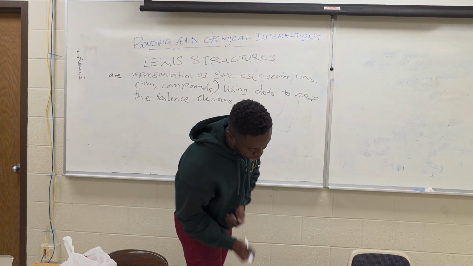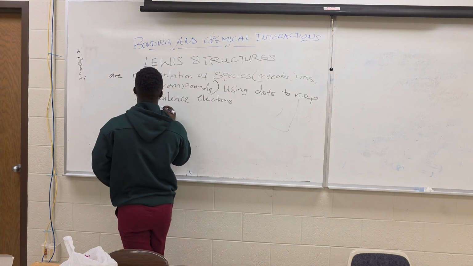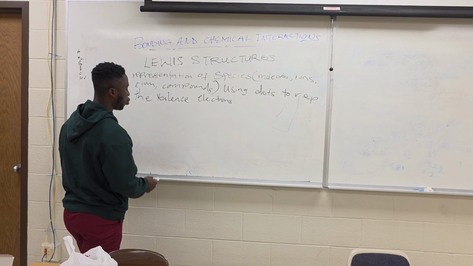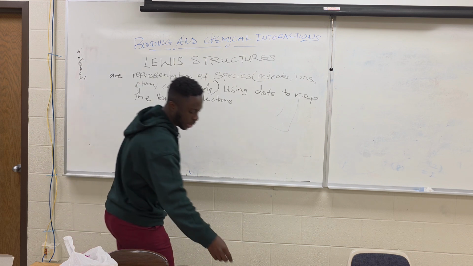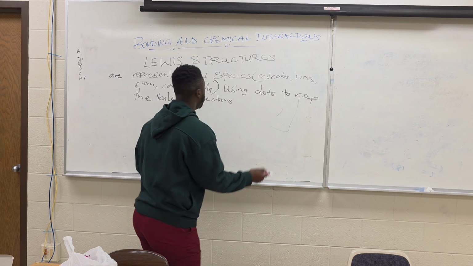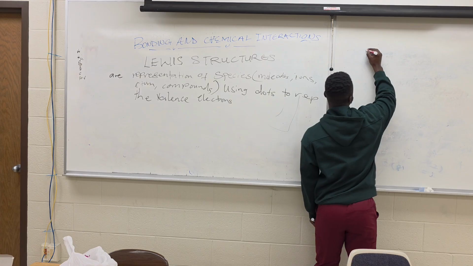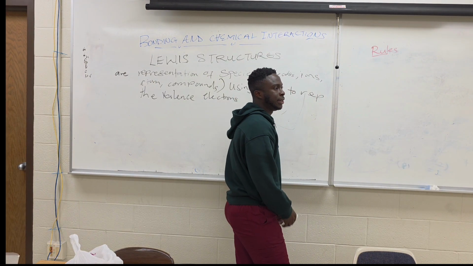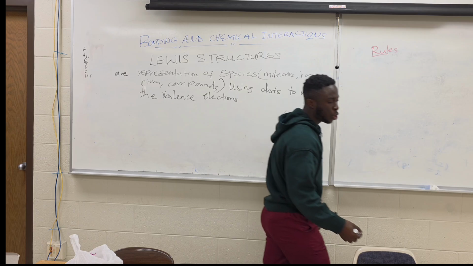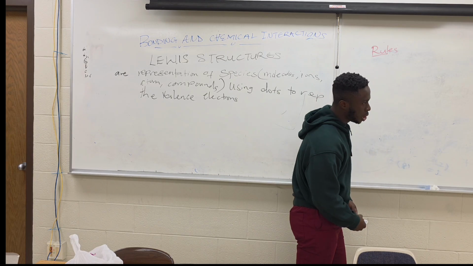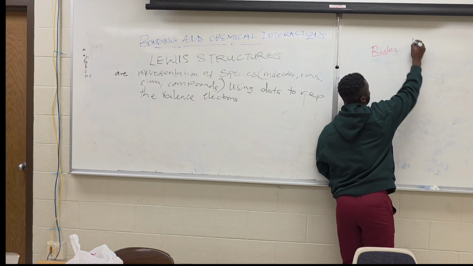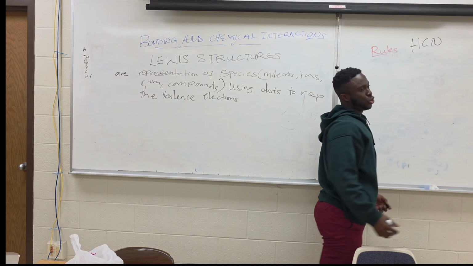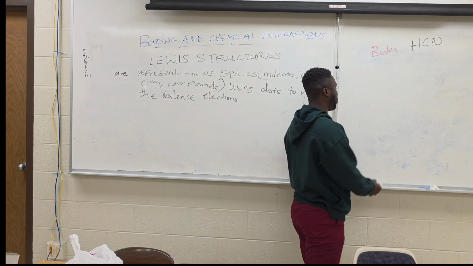Yes, so that would be the Lewis definition. Now there are rules in drawing the Lewis structure. There are rules when you are trying to draw the Lewis dot structure of any compound or any species. I'm going to use hydrogen cyanide, HCN, to demonstrate how these rules are applicable.